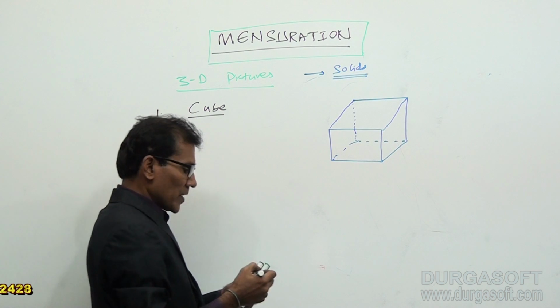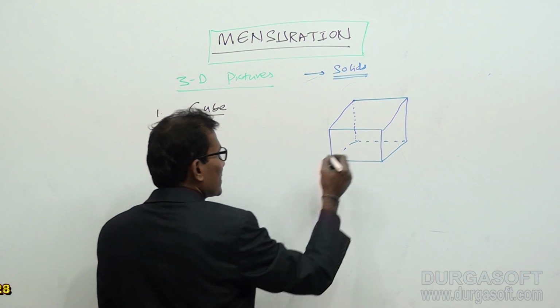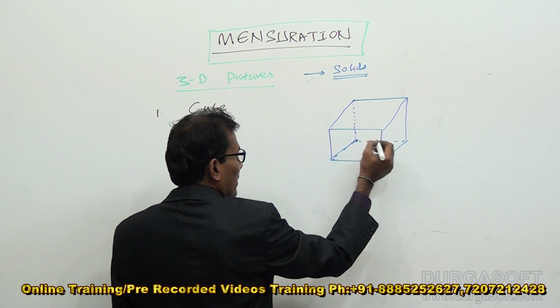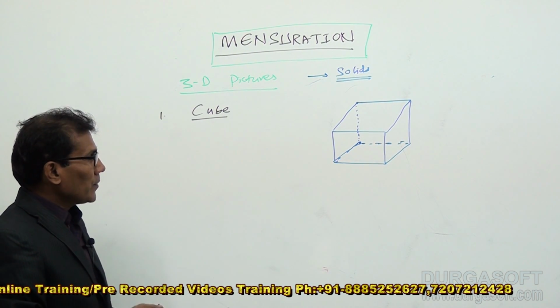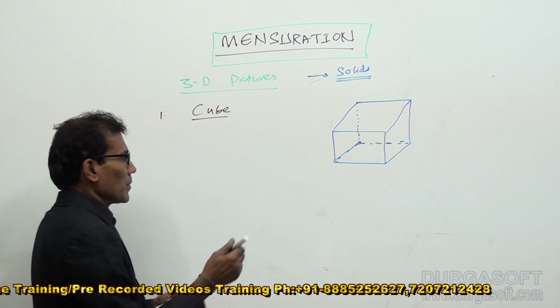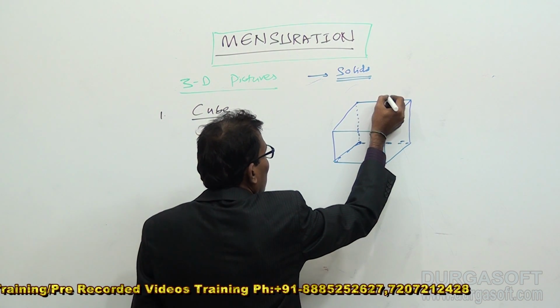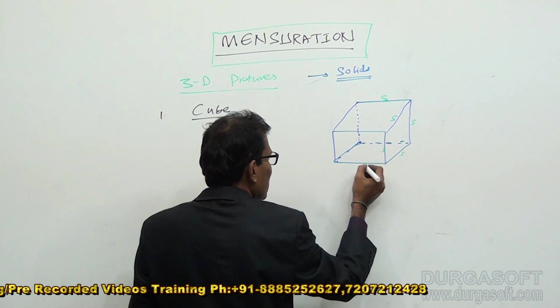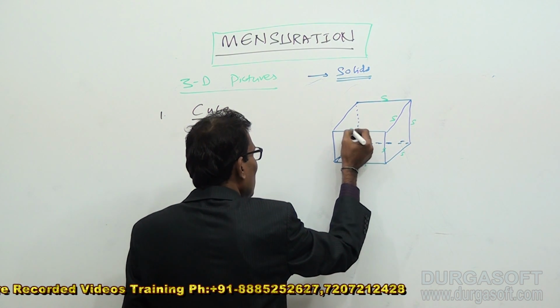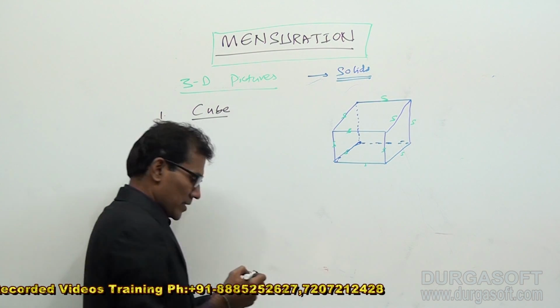It has 6 faces, 8 corners or vertices, and 12 edges. Every face is a square and every edge length is going to be the same. If we take S as the length of an edge, every edge has the same measure.